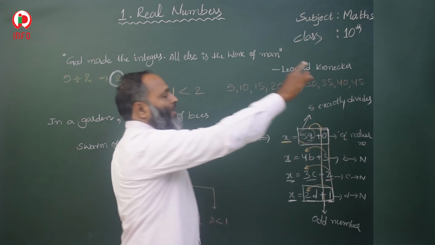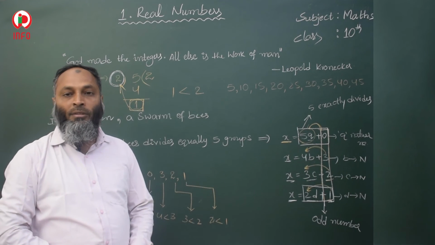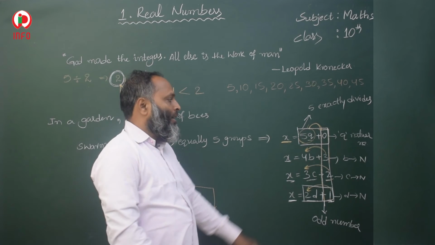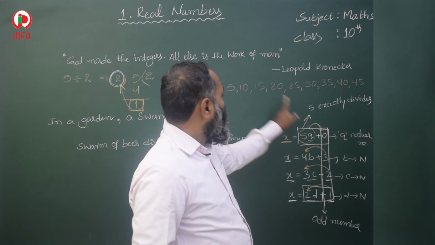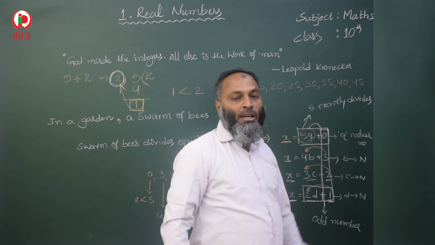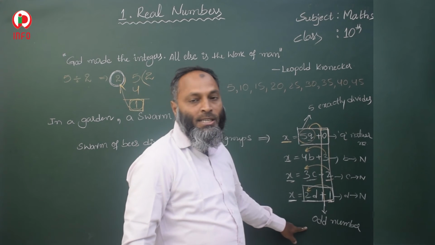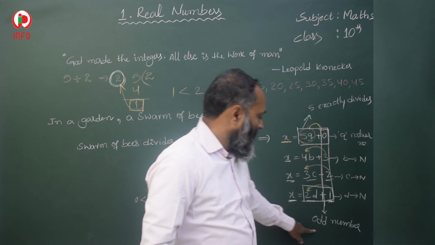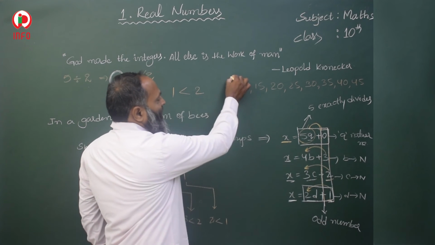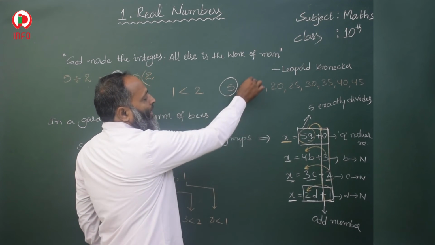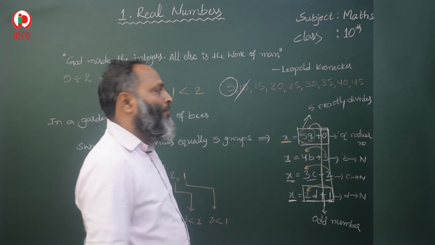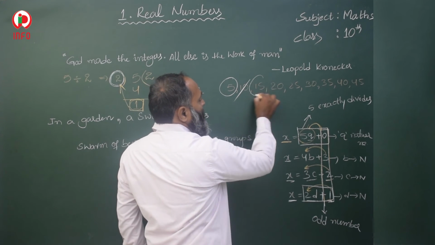These all are multiples of 5. In these multiples we have to select odd numbers. 5 is an odd number; don't take the even number 10. Then 15, an odd number, we should take.